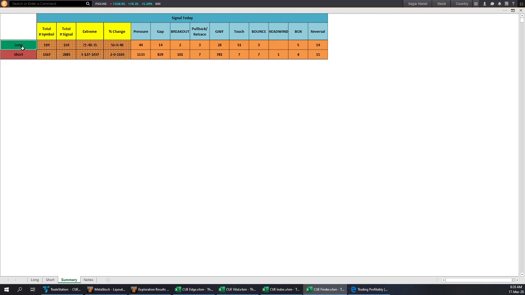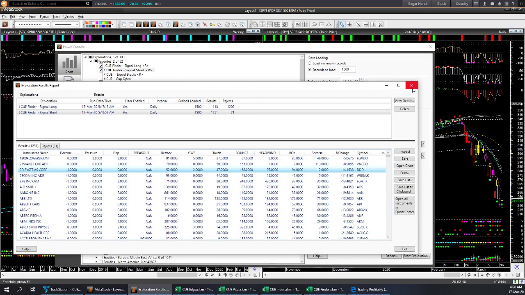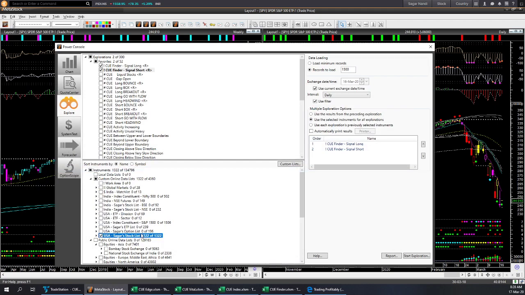What is it showing me? It is showing me the statistics of the long and short side. On what symbol list did I run it? I ran it on a list of 1322 stocks that are very liquid and that have at least 5 years of data, liquid in the USA market.